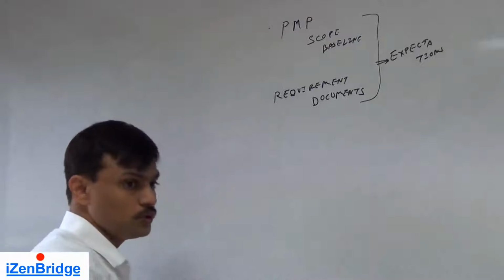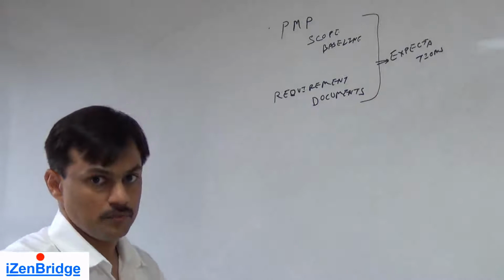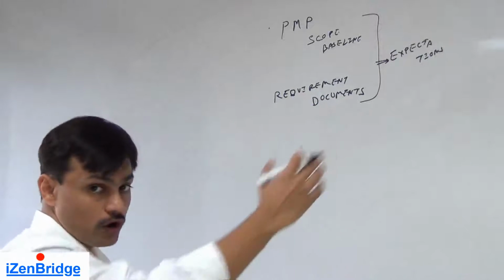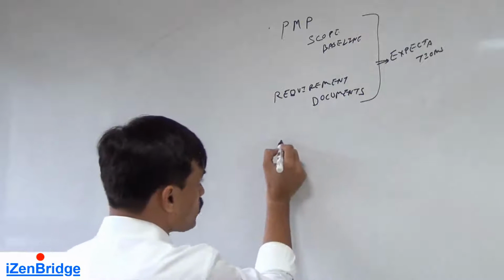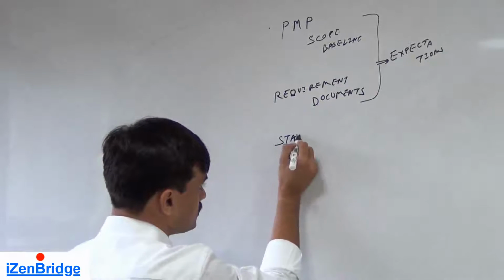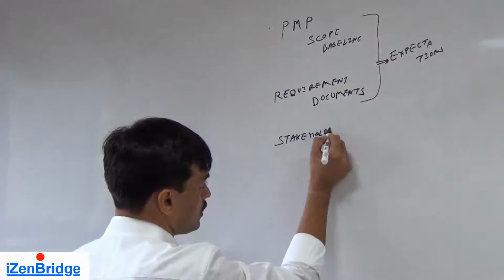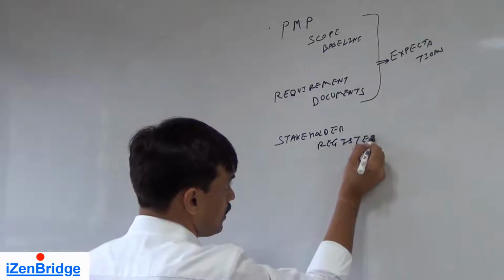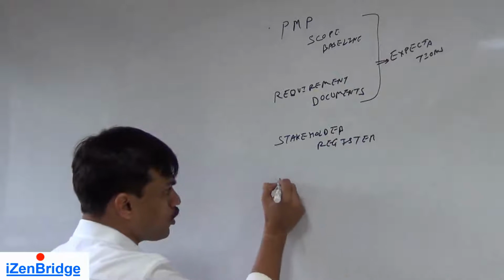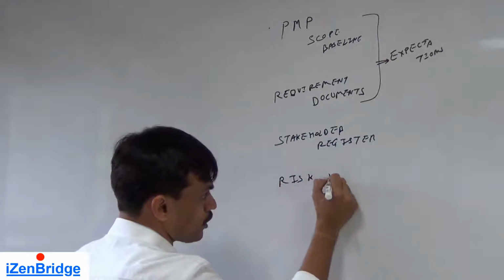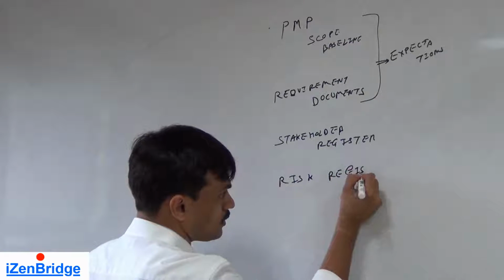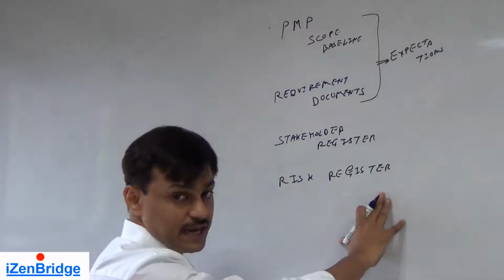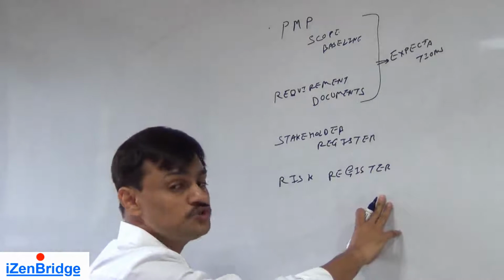Now we also need to look into who our stakeholders are, because we may need to interact and identify their expectations for quality. So we need to look at the stakeholder register, and we also need to look at the risk register, because if you have a high risk, if you fail to meet a quality criterion, then your quality management approach will change.